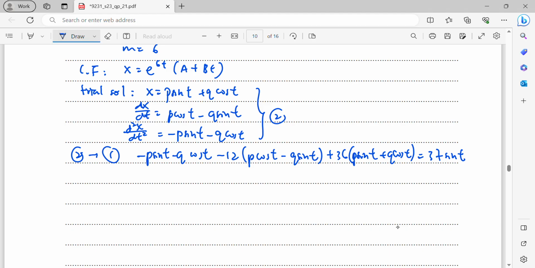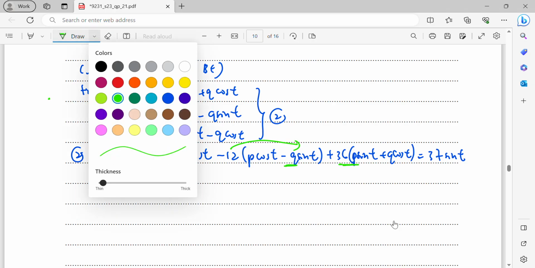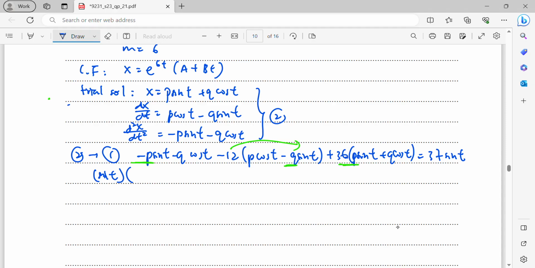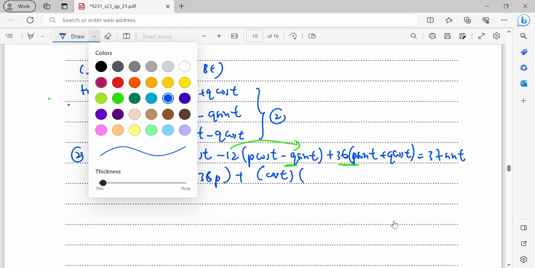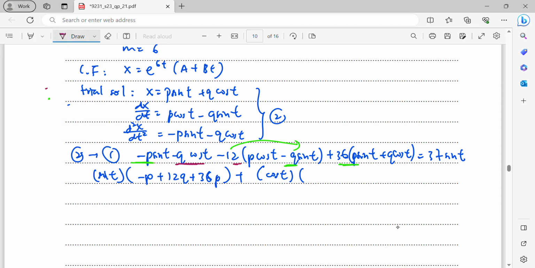Okay, so from here, I will factorize the sine t and the cos t. So for sine t, you will get all these 3 terms. Okay, so I will get minus p, then plus 12q, after that plus 36p. Then I factorize the cos t, then the remaining term will be here, right?